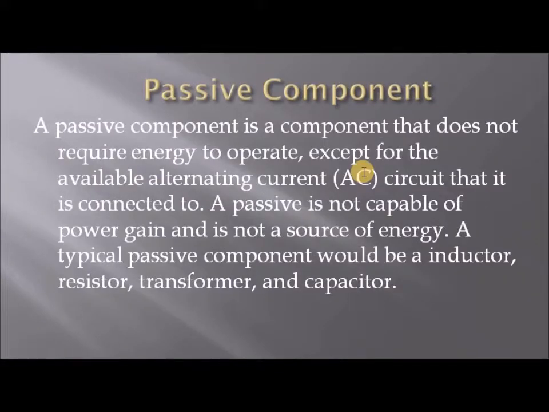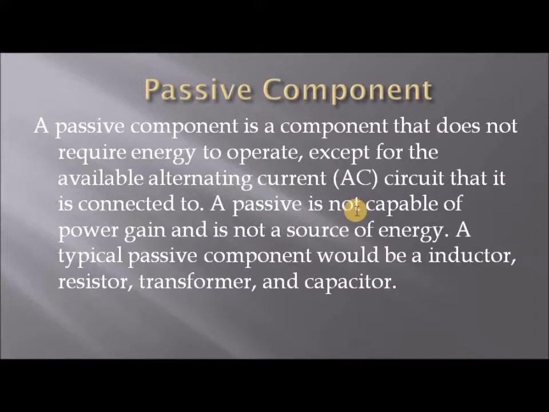Now we are to discuss passive components. A passive component is a component that does not require energy to operate, except for the available alternating current circuit that it connects to. A passive component is not capable of power gain and is not a source of energy.